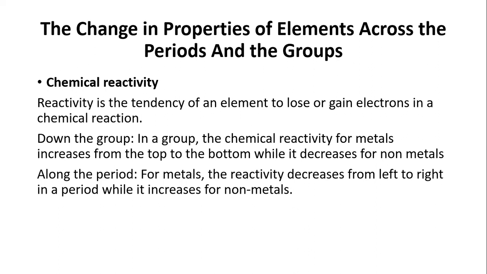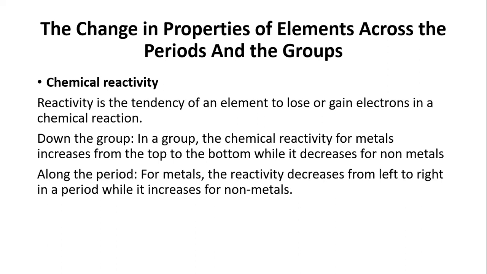Moving on, let's see the other change in properties of the elements, that is the chemical reactivity. Chemical reactivity is the tendency of an element to lose or gain electrons in a chemical reaction. So this is the ability of an element to give away the electrons, or obtain the electrons in the chemical reaction. Now, this can be observed when you are moving down the group.